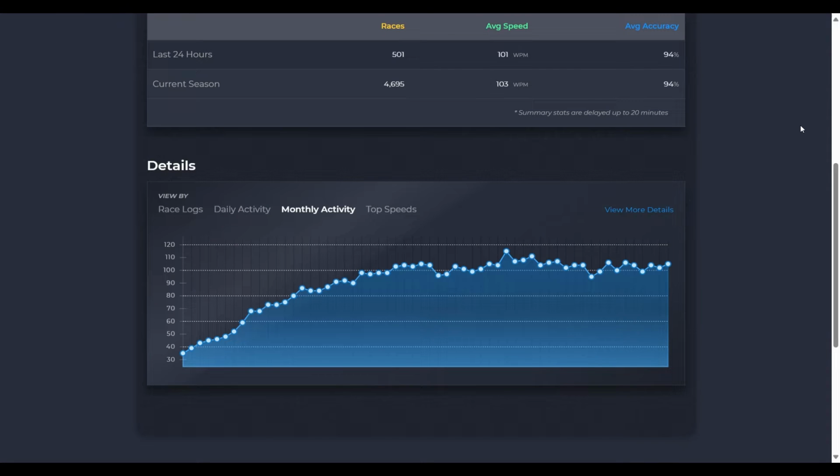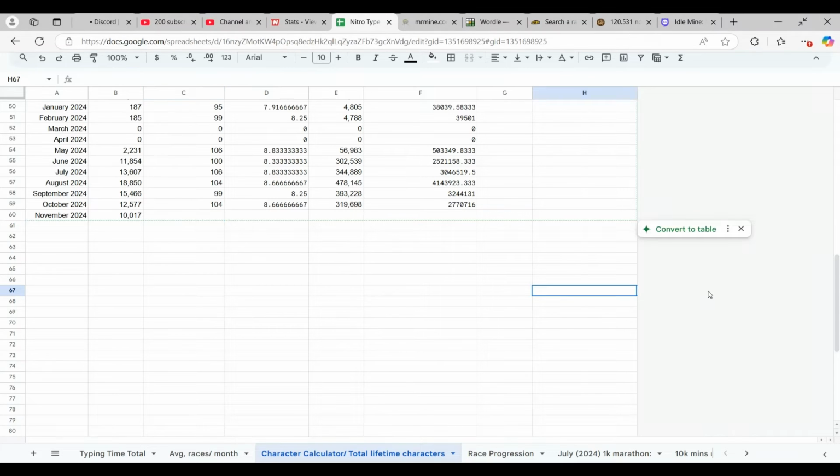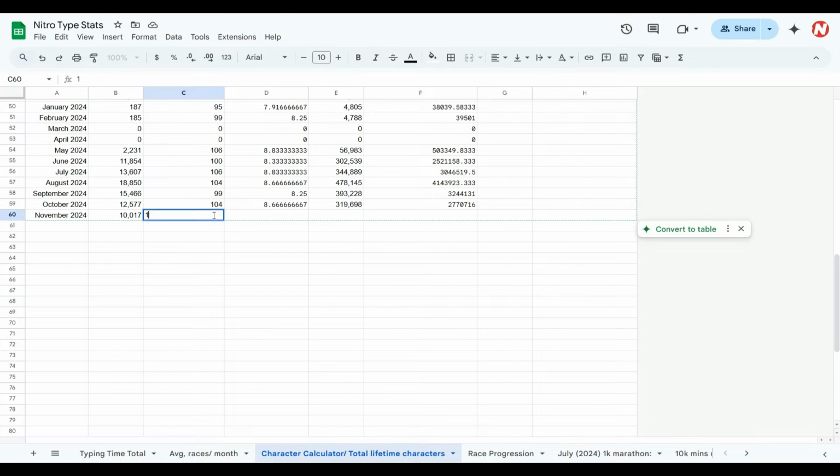All right, so the first relevant thing when calculating your characters typed in that month is first of all looking at your speed. You have 102 words per minute in my case. So if we go right over there and put it in, then we do some calculations, which are as follows. You take your words per minute, you multiply that by 5, that gives you characters per minute.